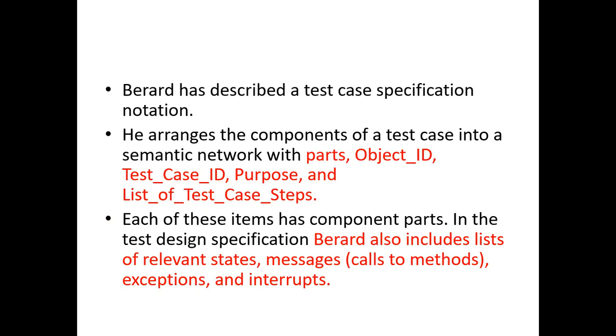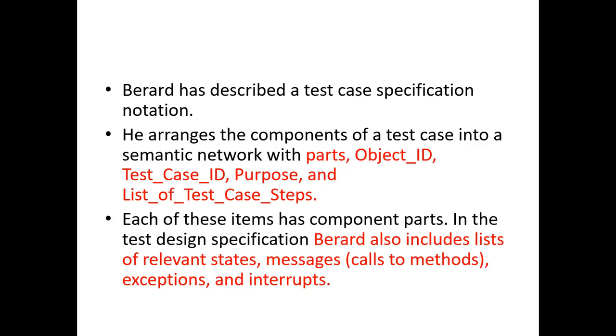The planner arranges the components of the test cases into a semantic network with the parts: the object ID, test case ID, purposes, and a list of test case steps. As part of the unit test designing process, developers or testers should also describe the relationship between the tests. Suites can be defined that group related tests together. All of this test design information is attached to the unit test plan.